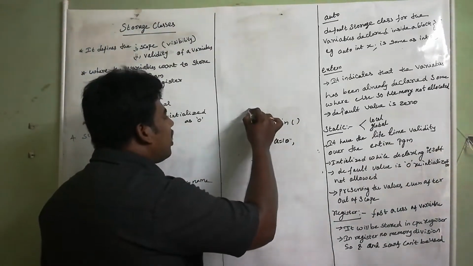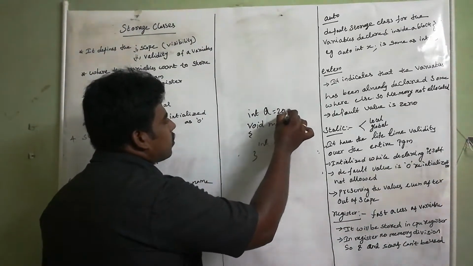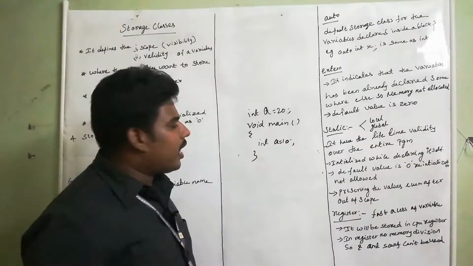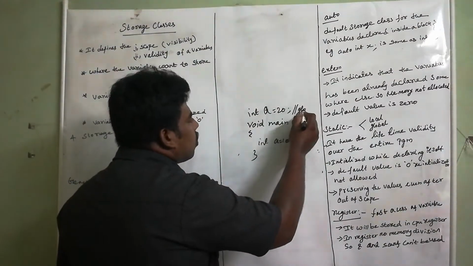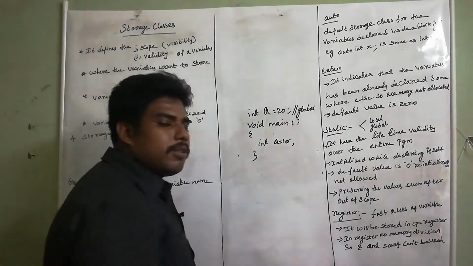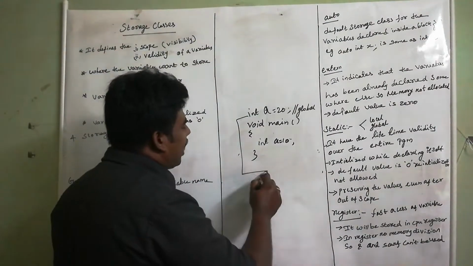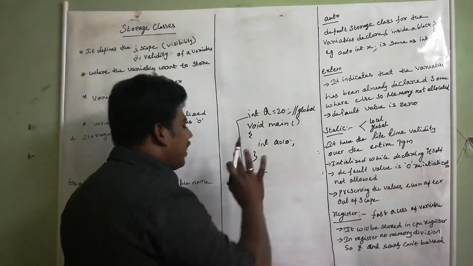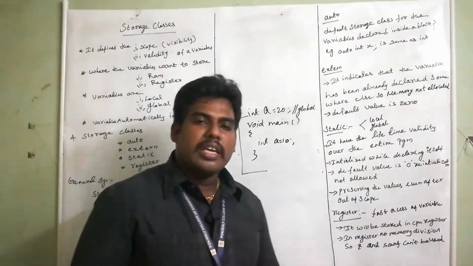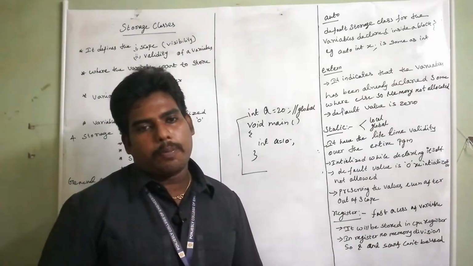If I declare int a = 20 above the main, we say it is global. Global variables are declared above the void main. So the scope and lifetime exist throughout the program, from the start to the end of the program.